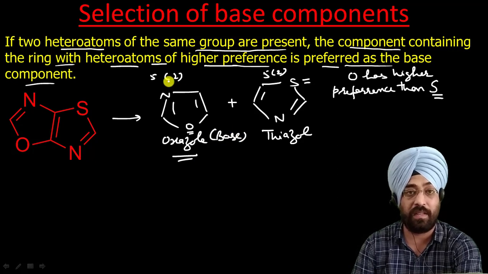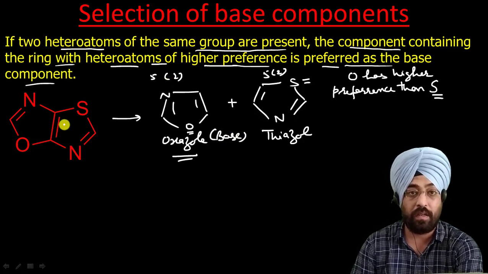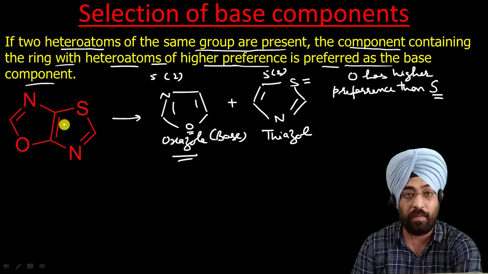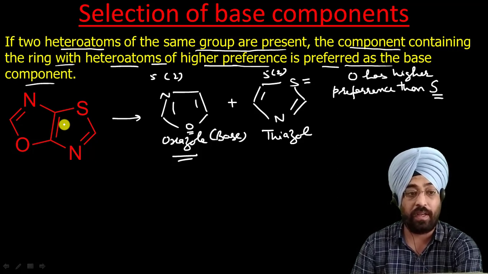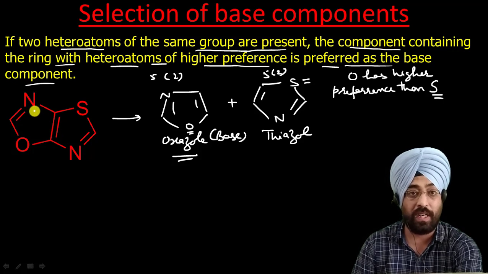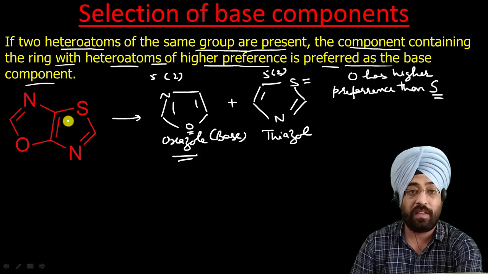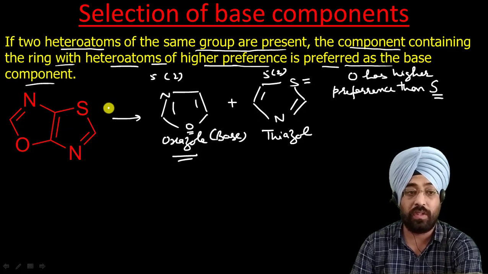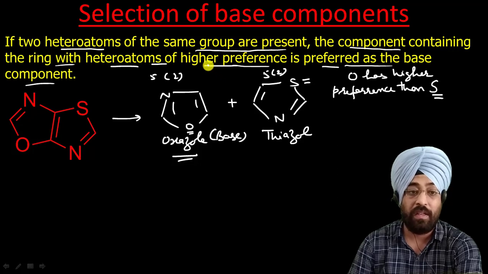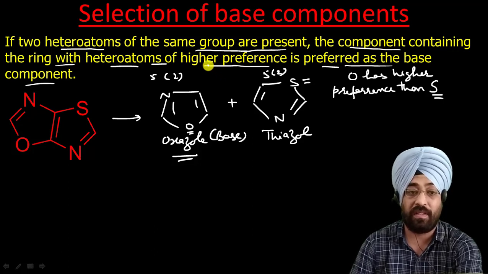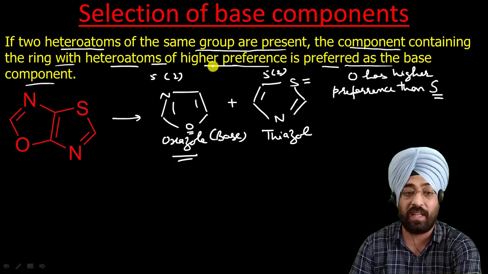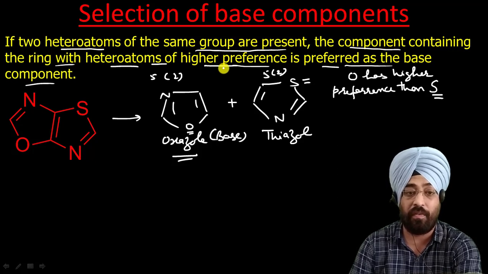Now I once again repeat this rule: two rings of the same size, same number of heteroatoms, and same variety of heteroatoms. So 5-membered ring, two heteroatoms, two types of heteroatoms. Then in this case we have to choose as the base component the ring with the heteroatom of higher preference.